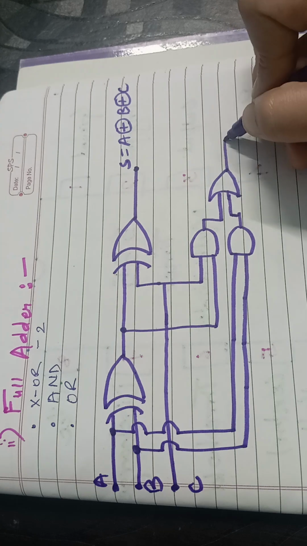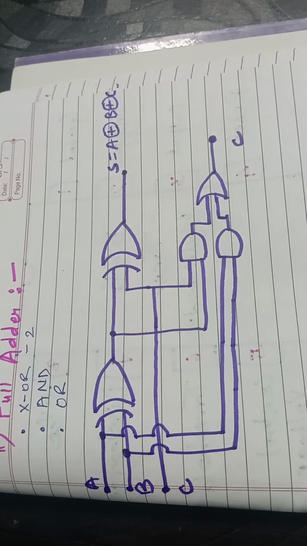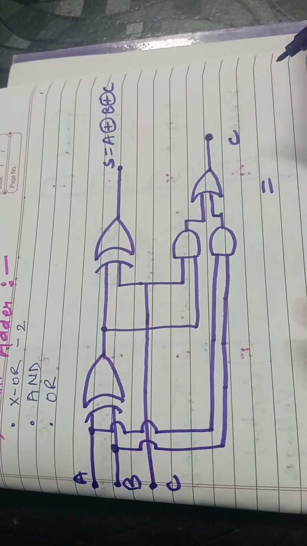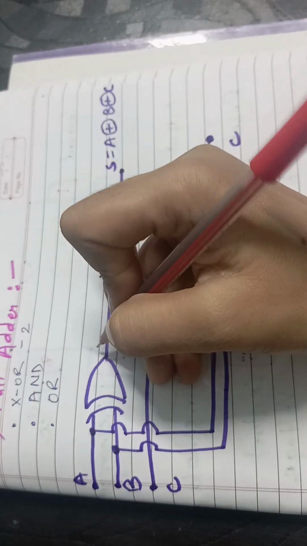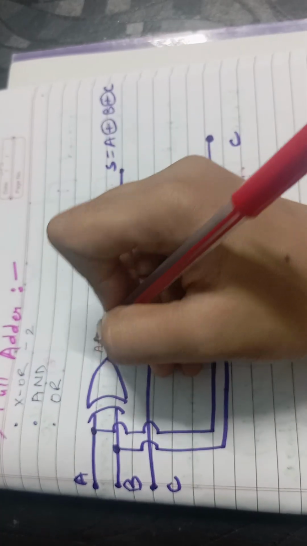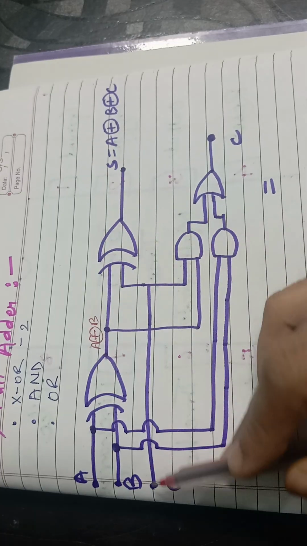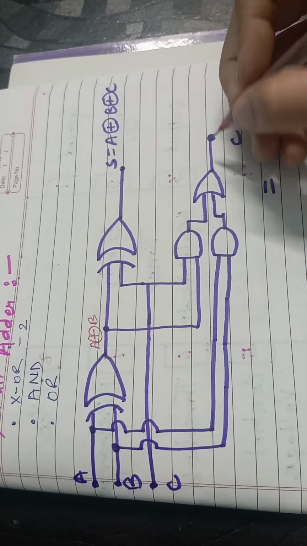And at last, now we can take carry from here. This is C. So let us write the expression of C. So C can be given as, here we can say it is A XOR B, means A XOR B one input and C one input.